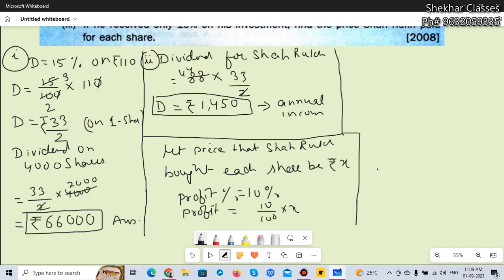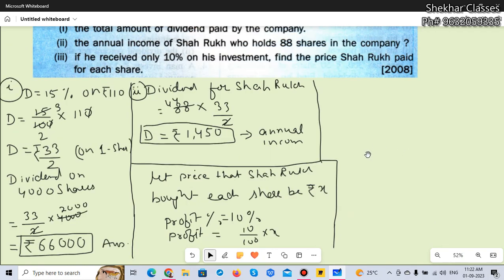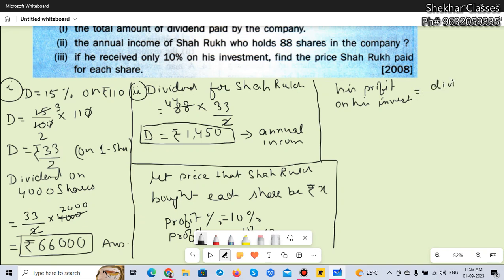Whatever he has earned is the dividend that he has received per share. So his profit on his investment is equal to the dividend. So that is 10% of X. And what is the dividend that he got?